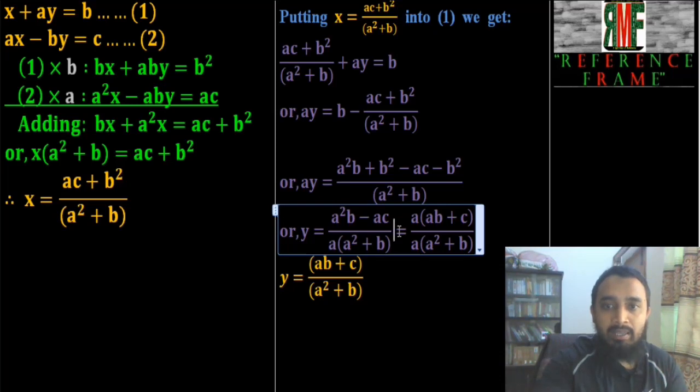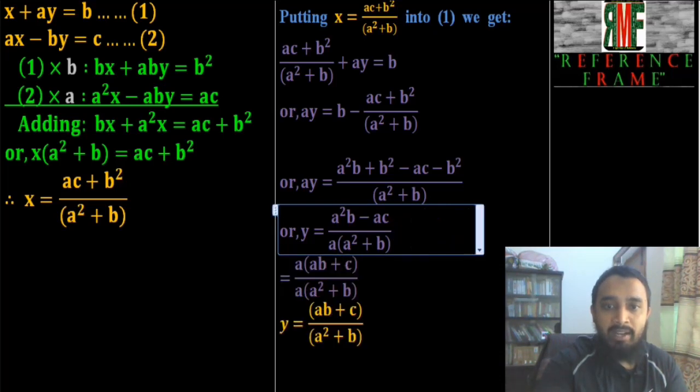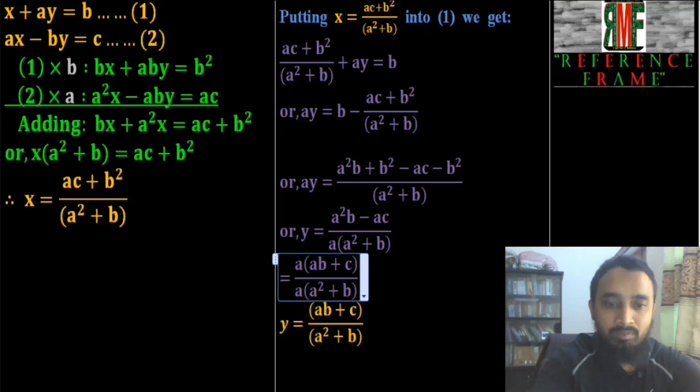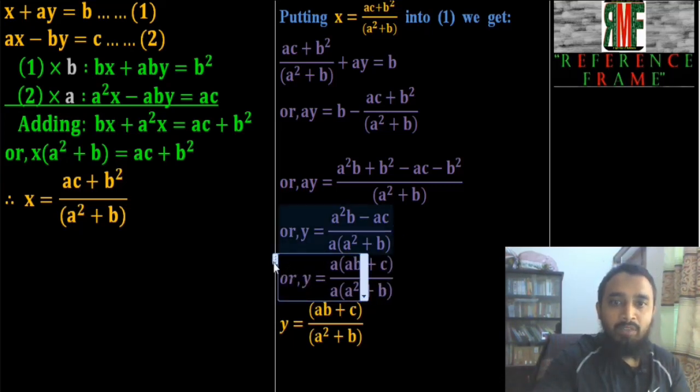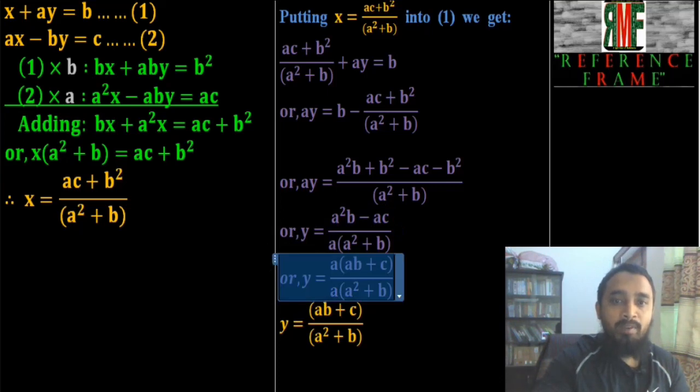So okay, by splitting them, what you can write, look here, if we take common a on the numerator, what do you get?